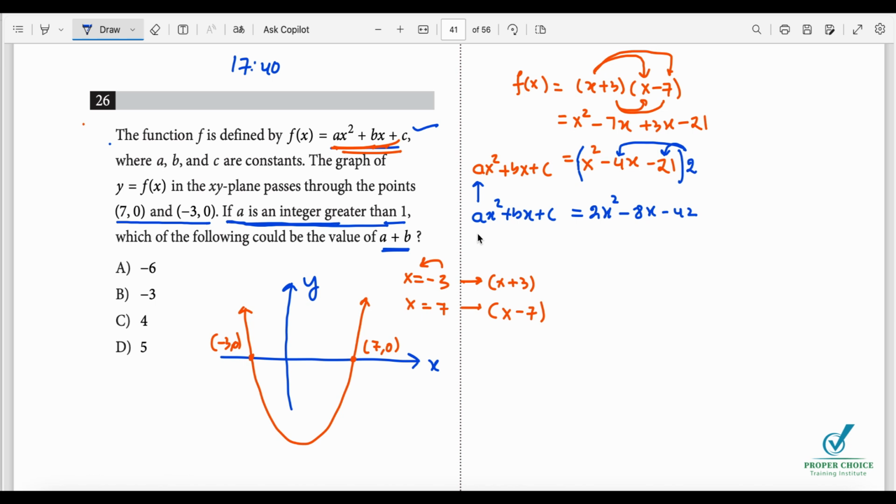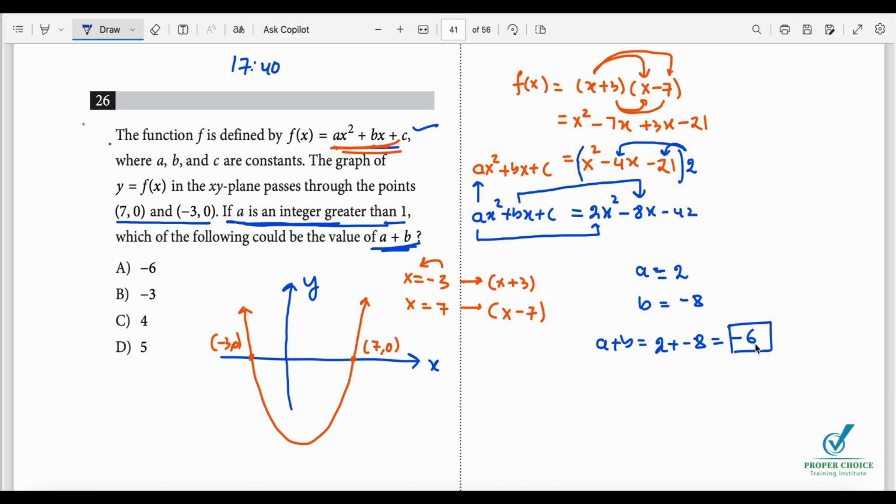From this, I can predict that the coefficient of x squared, which is a, is greater than 1. So here I am taking it as 2. In that case, the b value, that is the coefficient of x, is negative 8. As I need only a and b values, what is the value of a plus b? I can simply say a plus b is equal to 2 plus negative 8, which is negative 6. Luckily that answer is available.